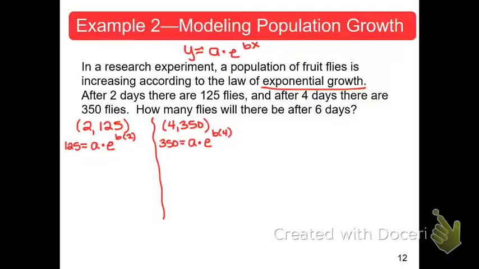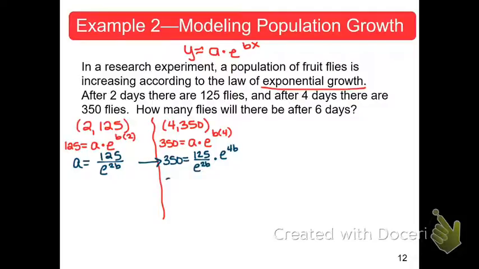I'm going to solve for a by dividing by e to the 2b. So I end up with a equals 125 over e to the 2b. Now I can bring that over to the other equation and plug it in for a. So we get 350 equals 125 over e to the 2b, times e to the 4b.